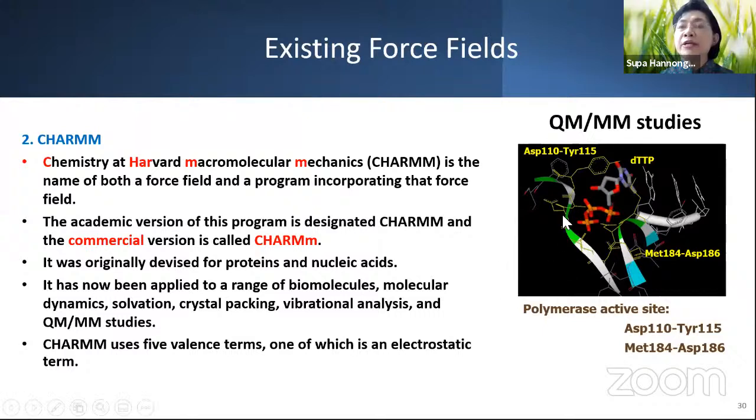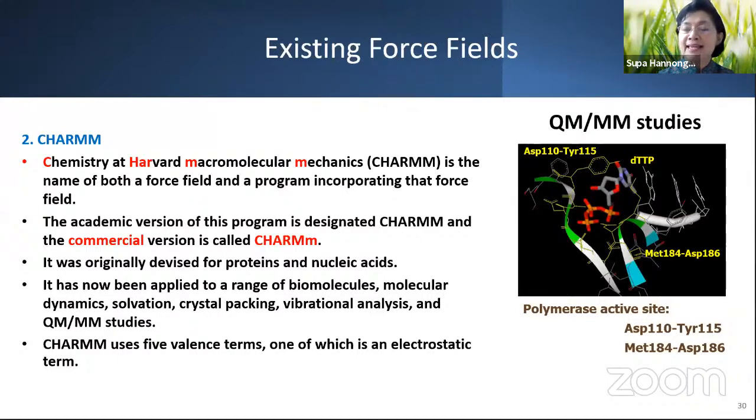We have to model the system based on the dTTP structure, the aspartate and tyrosine, and also methionine and aspartate around the catalytic site. Very nice, but very tough work, I would say.